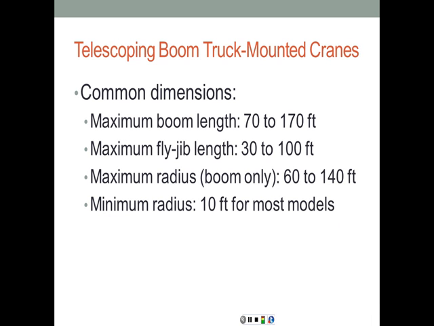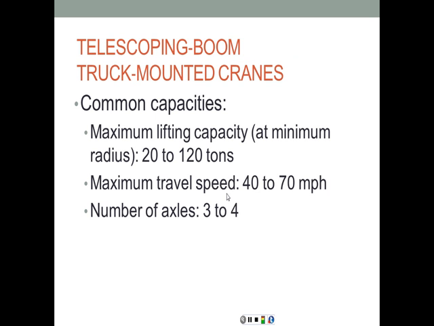Common dimensions: the maximum boom length is 70 to 170 feet, maximum fly jib length 30 to 100 feet, maximum radius for the boom only 60 to 140 feet, and the minimum radius 10 feet for most models. Now let's look at the capacity. The common capacity is anywhere between 20 and 120 tons at minimum radius.